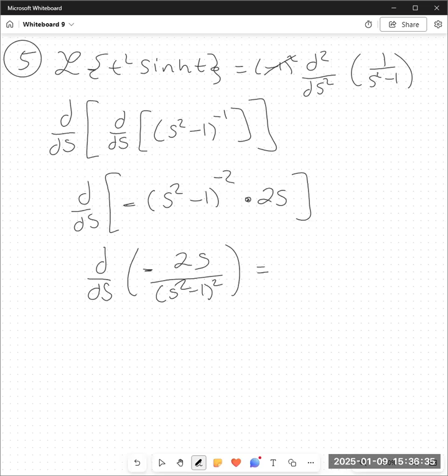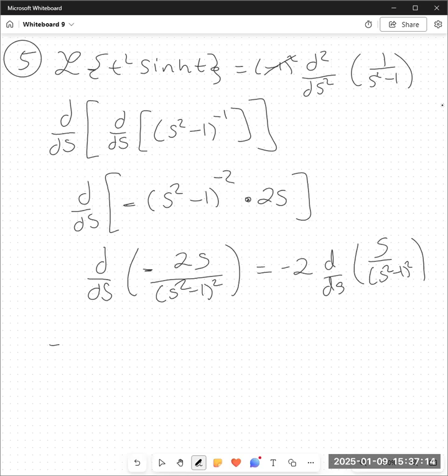That negative 2 can come out, so s over s squared minus 1 squared.